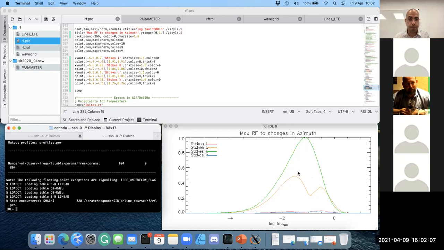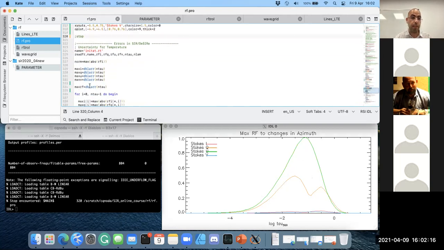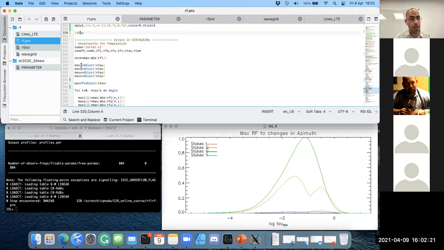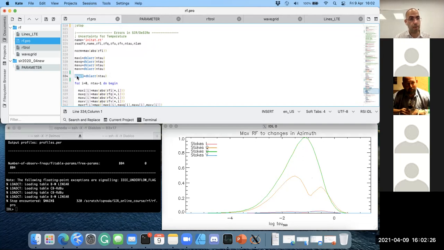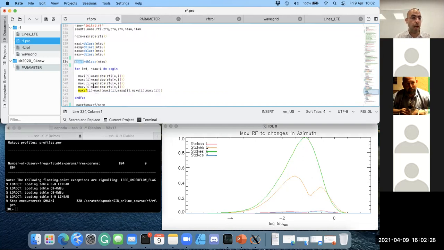Okay, so now we are seeing this as the maximum response function, and then let's try to reproduce what an inversion code like DeSIRe or SIR is going to give you. So now I have again the maximum of I, Q, U, and V, but I'm adding this max RF, max response function, and essentially I covered for a given optical depth all the wavelengths, and then I'm telling it, from the 4 Stokes parameters, tell me which one is highest.